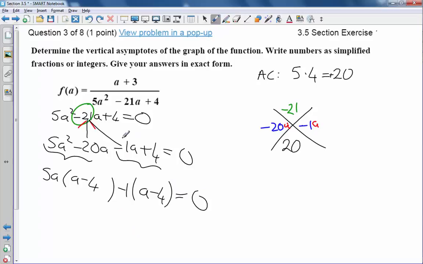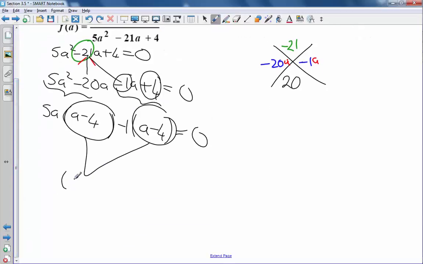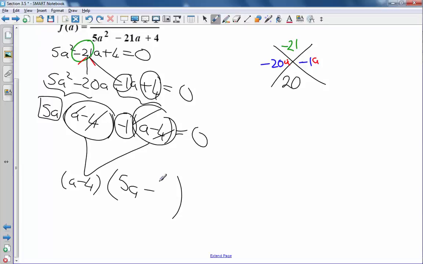If I pull -1, it's only a. If I pull a negative from 4, it turns into -4. Oh, now with these two matching, we can factor them right down here. And leftover items are 5a. When I remove a minus 4, I have 5a and what is left? Minus 1. Now we have factored it.